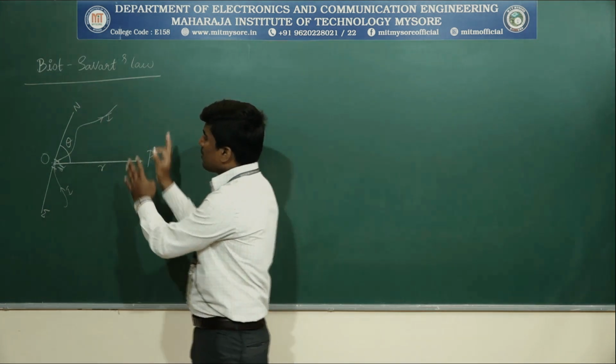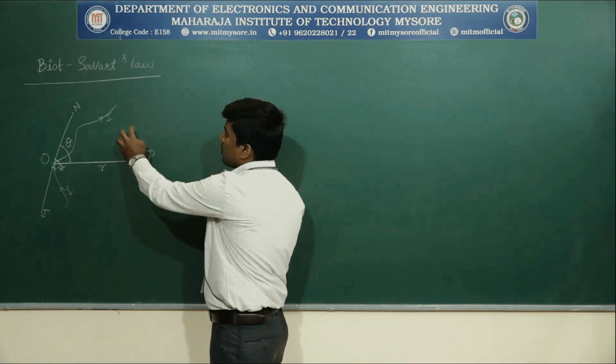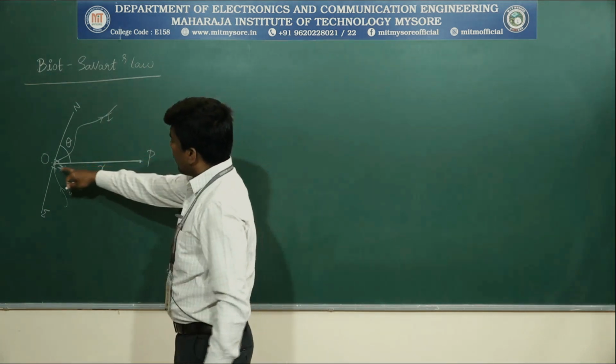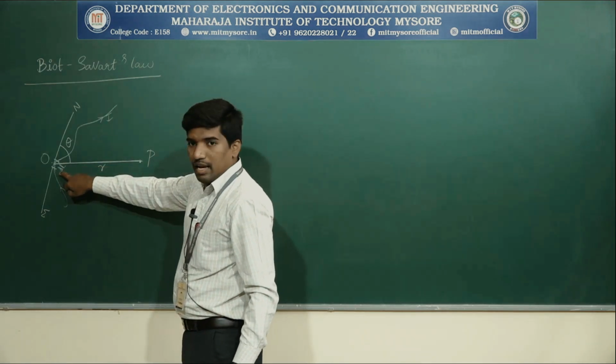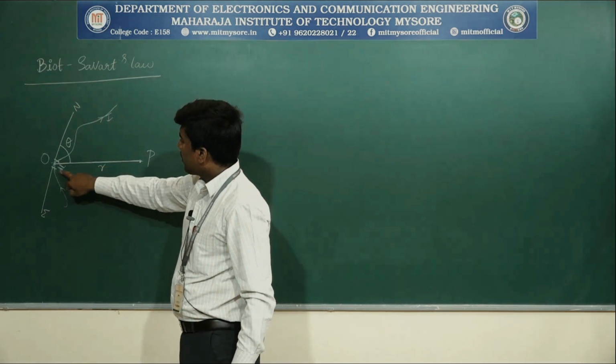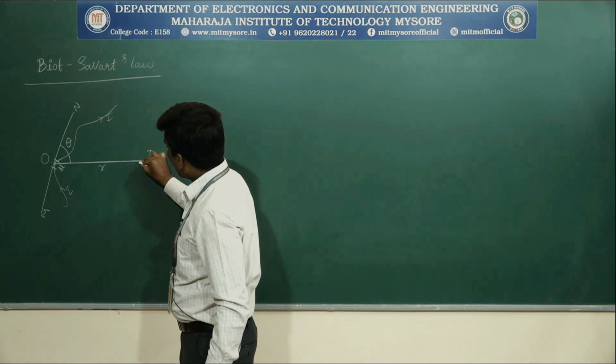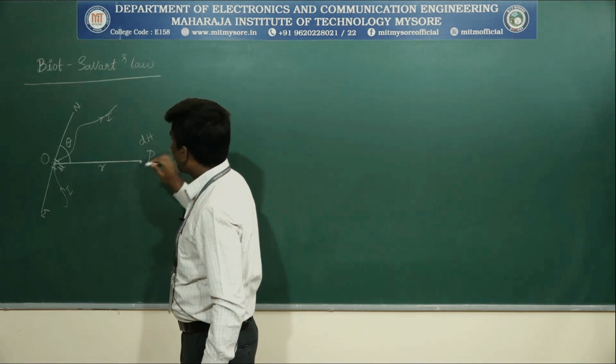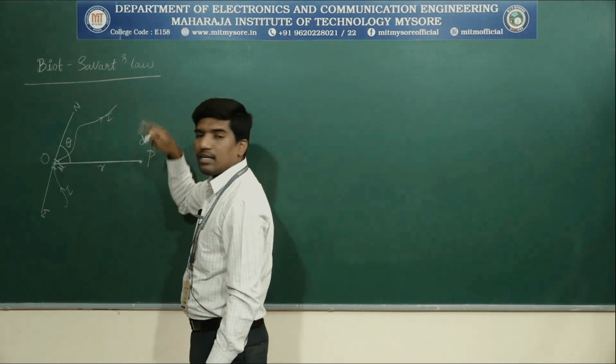Now, what does Biot Savart's law say with this geometrical consideration? At this elementary length dl, the magnetic field produced at point P is dH, the differential magnetic field intensity.